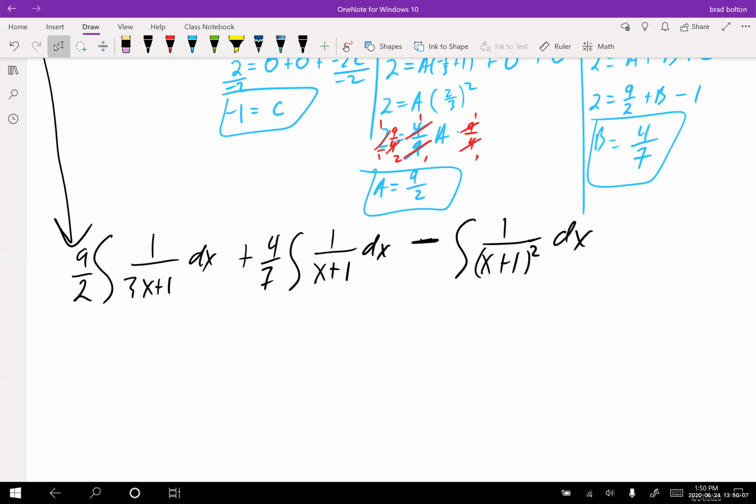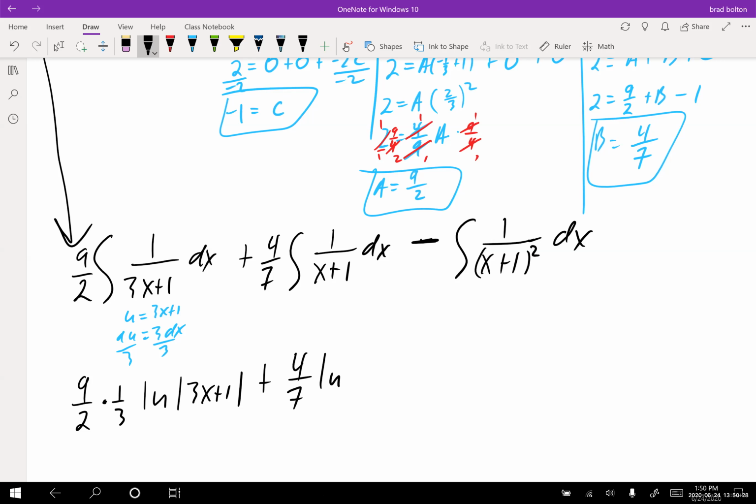So now this will require a little bit of a use of u equals 3x plus 1, du is equal to 3 dx, divide both sides by 3. So now we're going to have 9 halves times 1/3 ln of u, but we know u is 3x plus 1, plus 4 over 7 ln of absolute value of x plus 1, minus, now this is another u sub, u equals x plus 1, du equals dx, right?